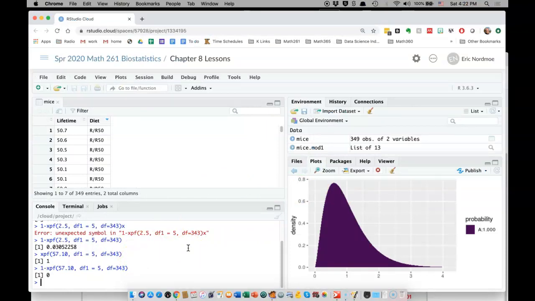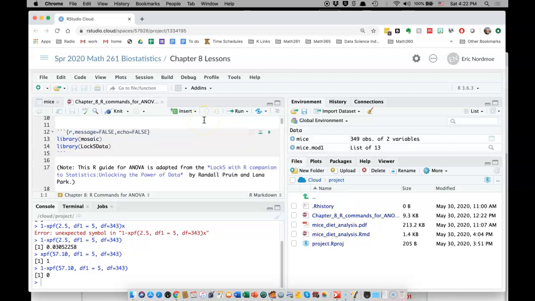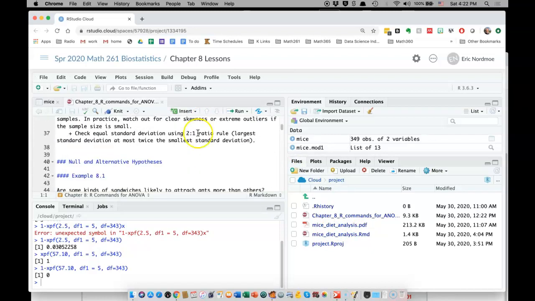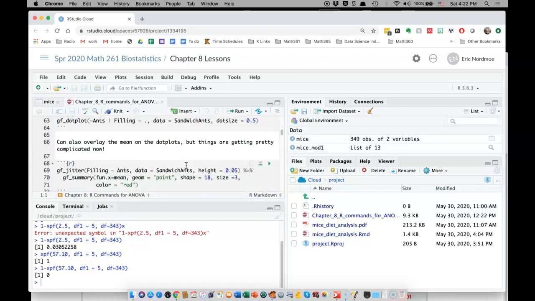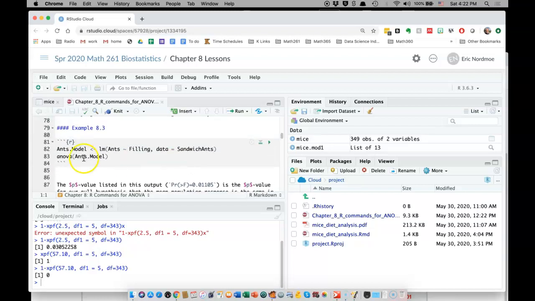Okay, so let's go ahead and just use LM and see how we're going to do that. And here's an example we can open up. The LM command shows up in the examples that I've given you here. Let me just move down a little bit. This was the ants experiment. So we want to copy this example here, and we'll call it mice.mod1.